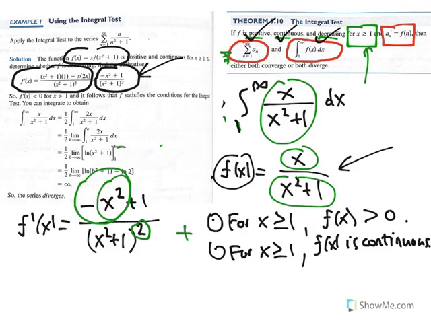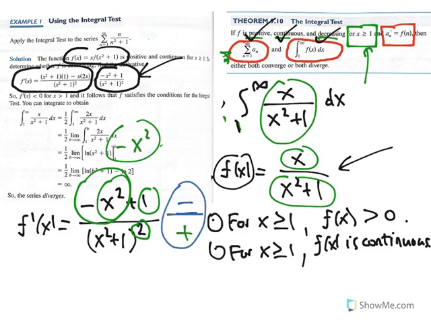And because you're starting with x equal to 1, for any value of x greater than 1, the magnitude of negative x squared will be greater than 1. So when you add a negative number whose magnitude is greater than 1 to positive 1, the numerator will be negative.